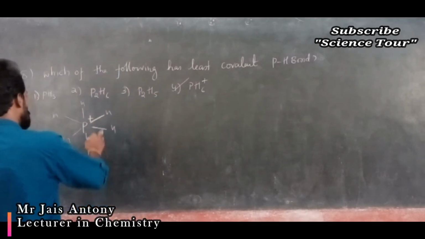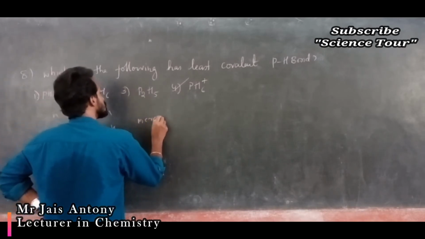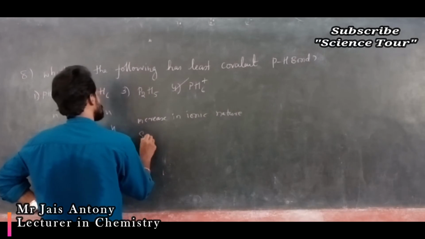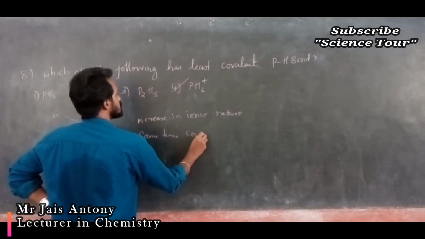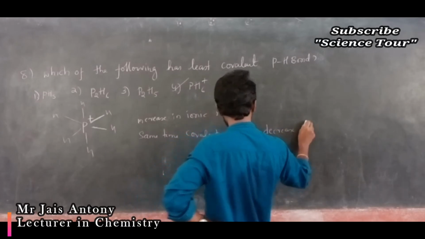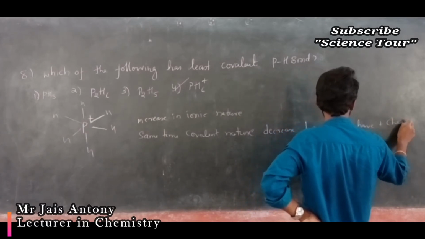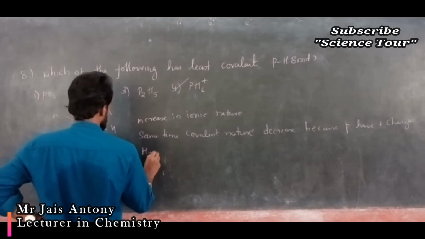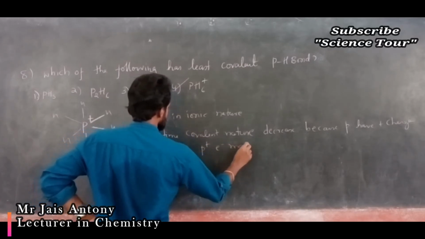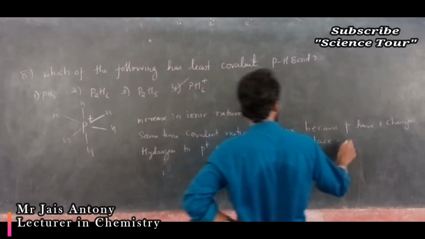This one-sided moving of electrons leads to an increase in ionic nature, and at the same time covalent nature decreases, because phosphorus has a positive charge, so electron movement takes place from hydrogen to phosphorus. Ionic nature increases.